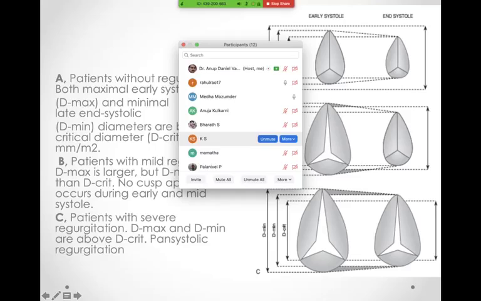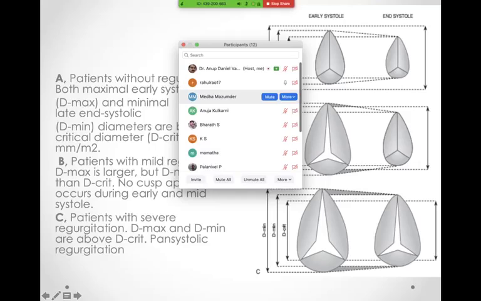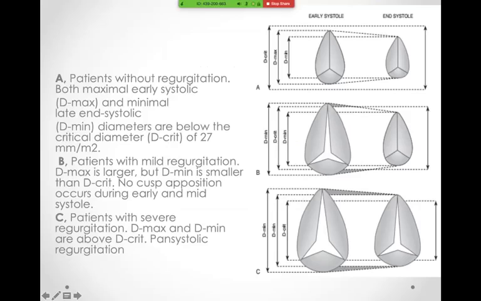All right. So what I was talking about is the critical diameter of the annulus. Generally, in a normal valve, the early systolic and the late end systolic diameters are below the critical diameter of 27 millimeters per meter square body surface area.